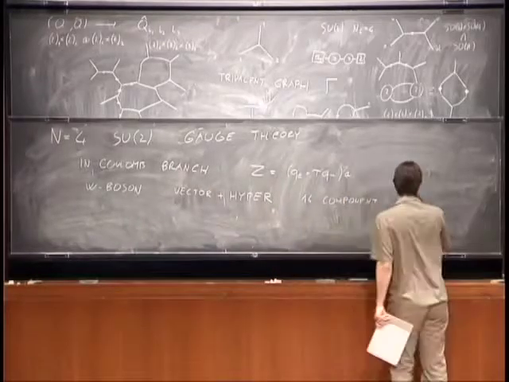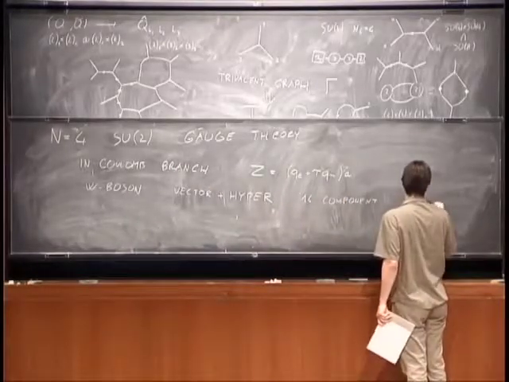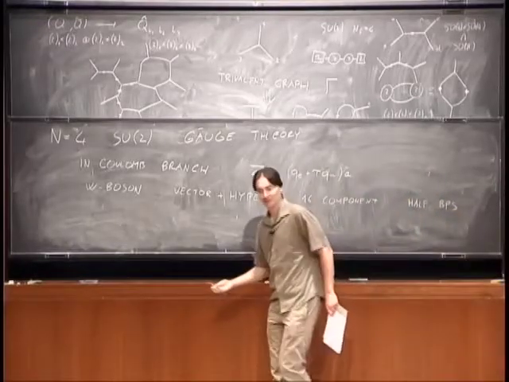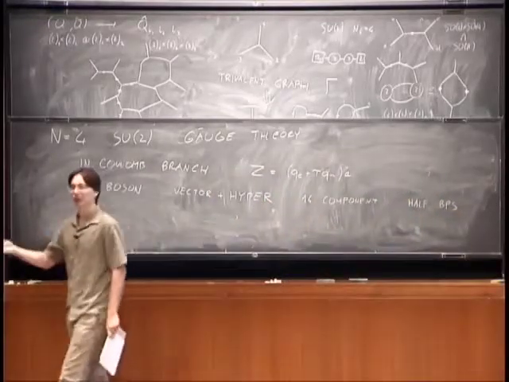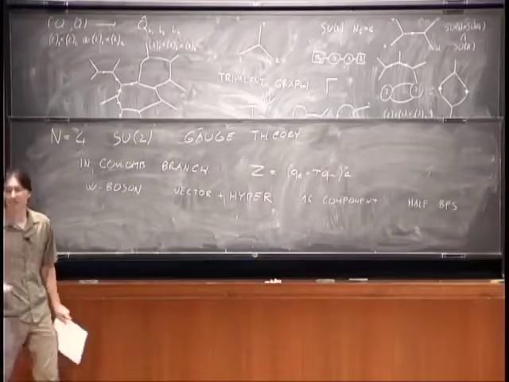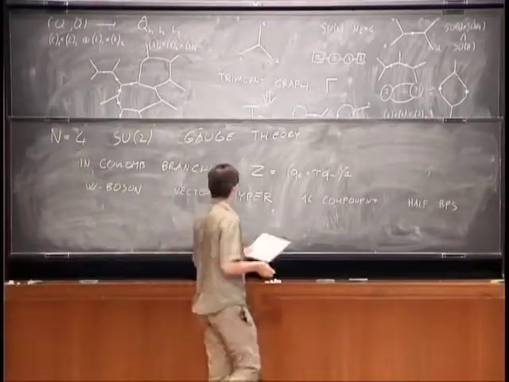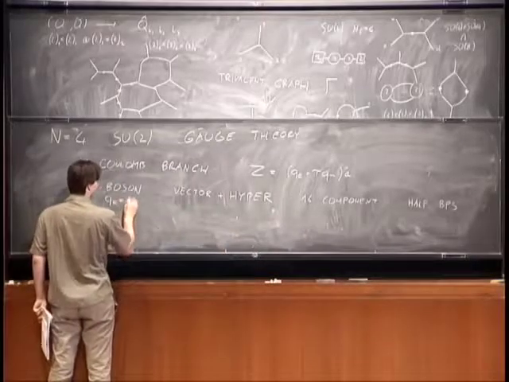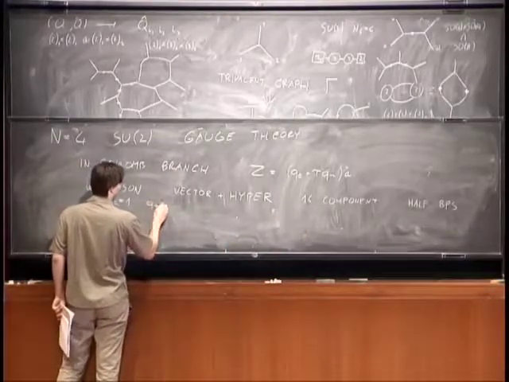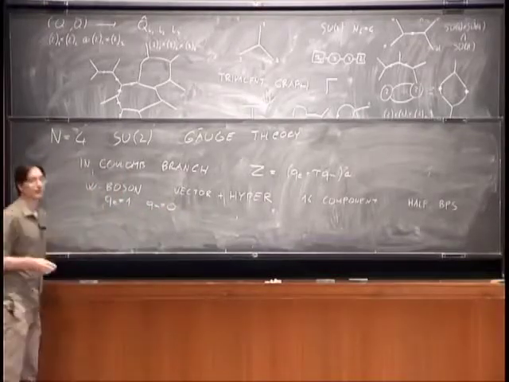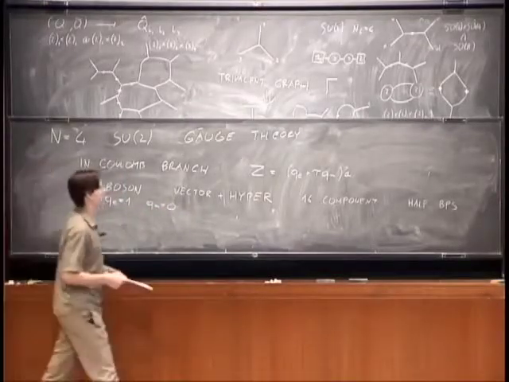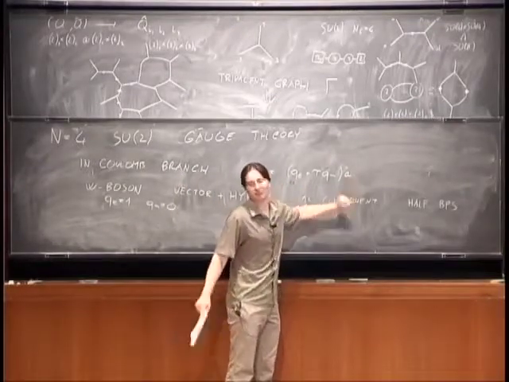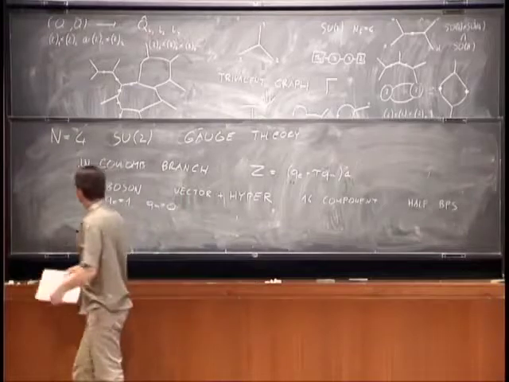This is half BPS, so it breaks 8 supersymmetries, which means that you have 2 to the 4th states in the multiplet. This has electric charge 1, magnetic charge 0. And at weak coupling, it's a relatively light particle, with mass the absolute value of A.